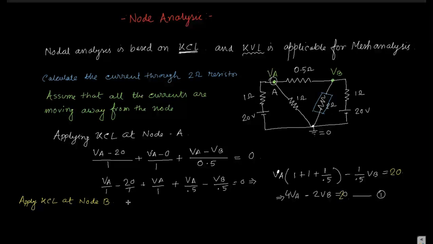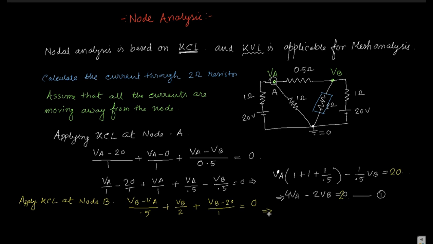So it may be VB minus VA by 0.5, plus VB minus 0 by 2, which means VB by 2, plus VB minus 20 by 1 is equal to 0.